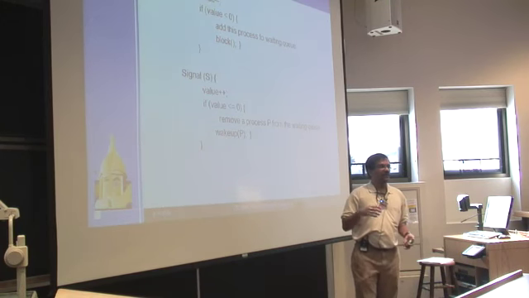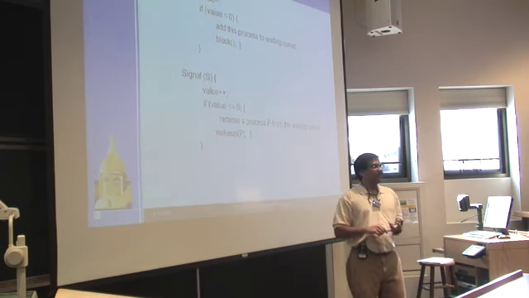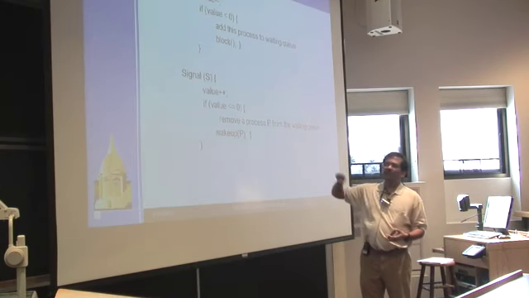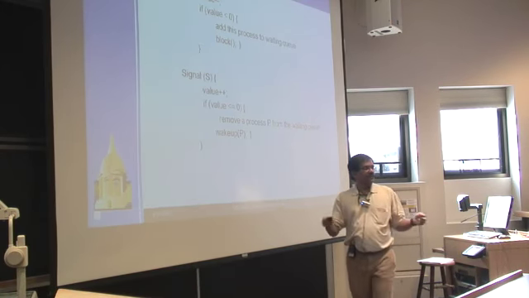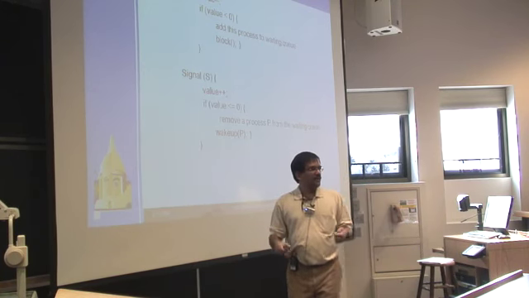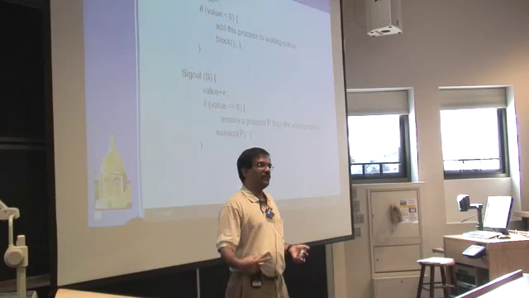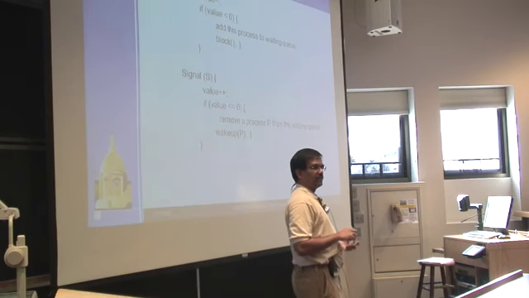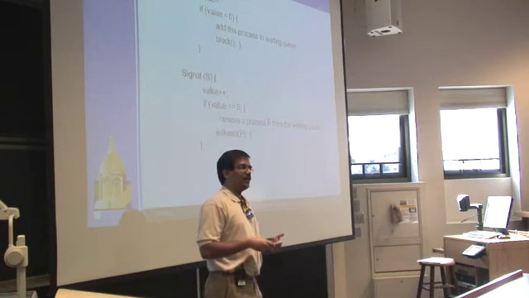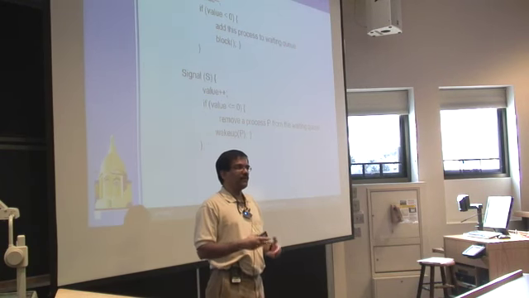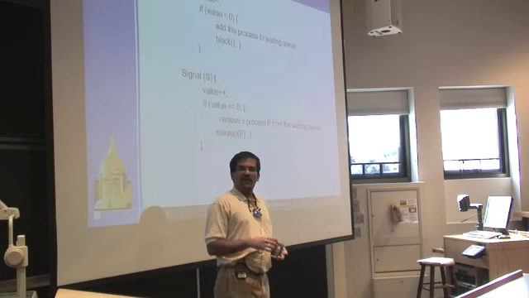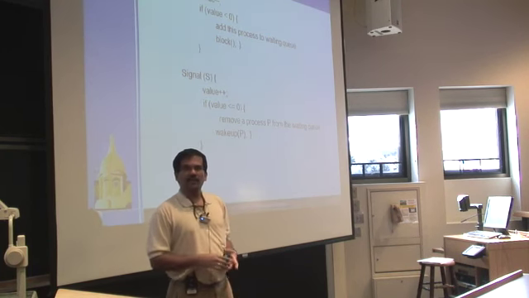It's waiting for an event which is not an I/O, but an event which will be released by wake up, right? So one of your threads has to do a wake up. So when it does a wake up, your thread is moved from wait queue to ready queue, right? So this is another way for you to not wait for I/O, but wait for some event which is happening within your process.